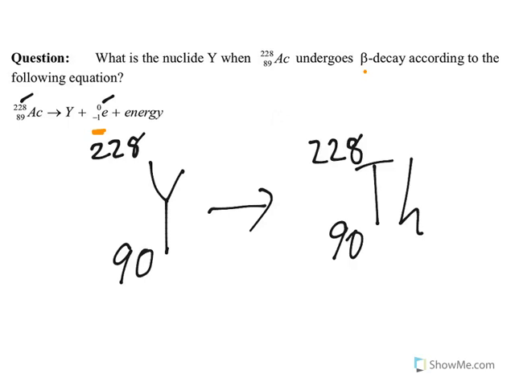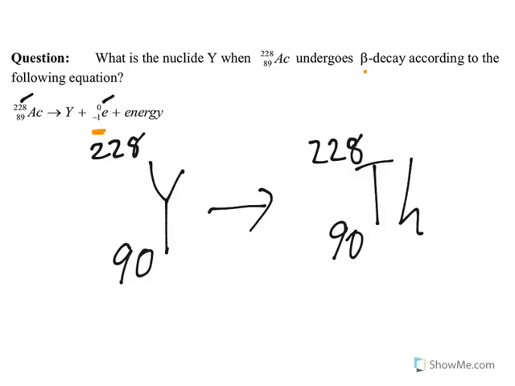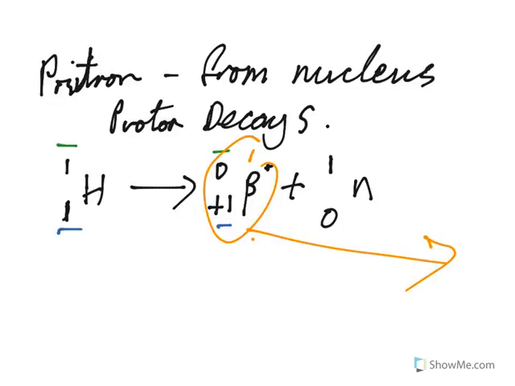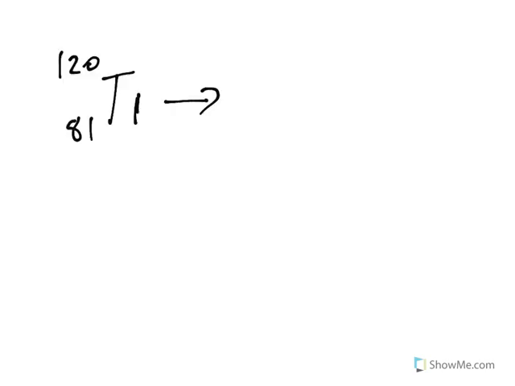So thorium has been the daughter nucleus. If there's a beta positive decay, here's something that decays by beta positive. Going back here, this is how we're going to represent it, plus 1, 0, beta with the plus.